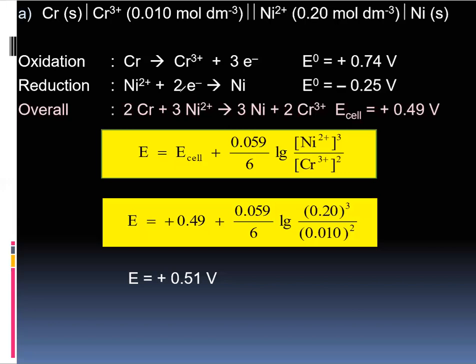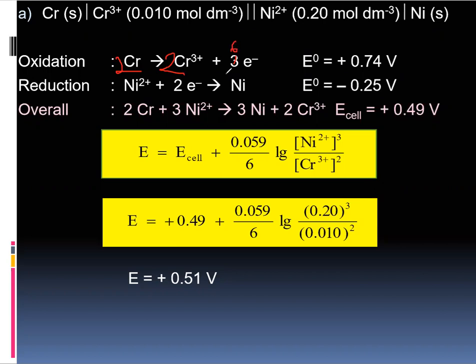So if I do that now, I'm going to have 2 times chromium on the reactant side, 2 times the chromium ion on the product side, and 2 times 3 electrons, which becomes 6.